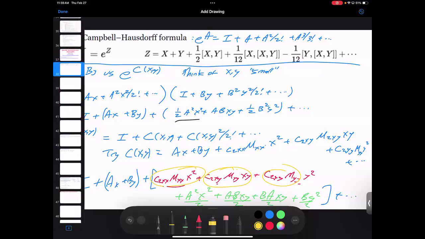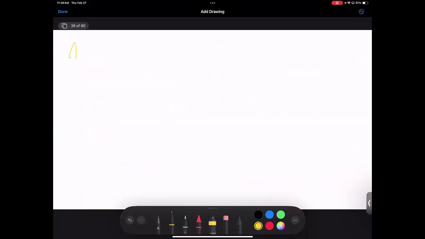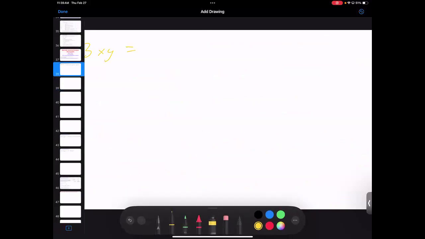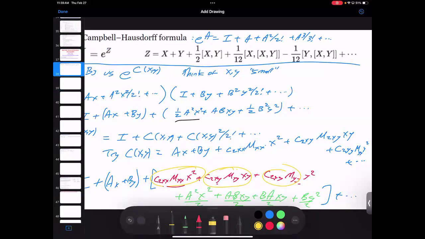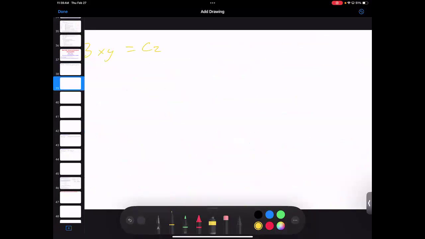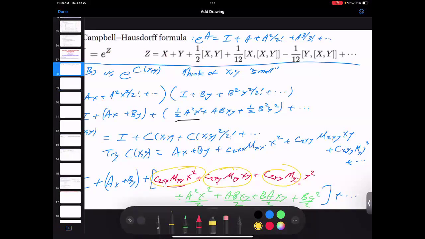So, again, hopefully I haven't made any mistakes. We want, I think it was, ABXY to equal, we're calling it C2XY M2XY XY, and then we had ABXY over 2 and BAXY over 2.